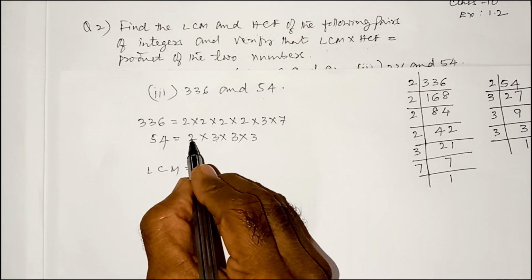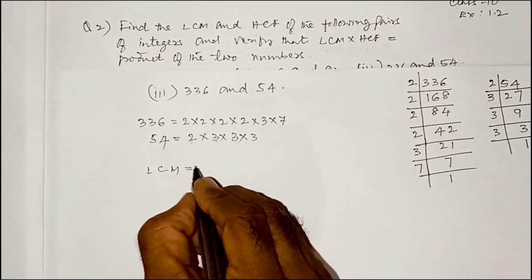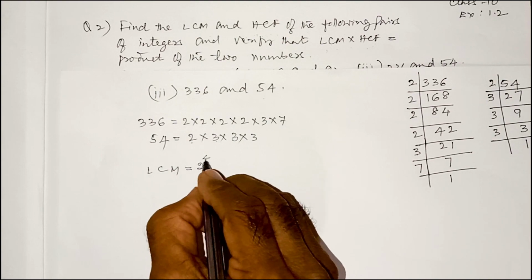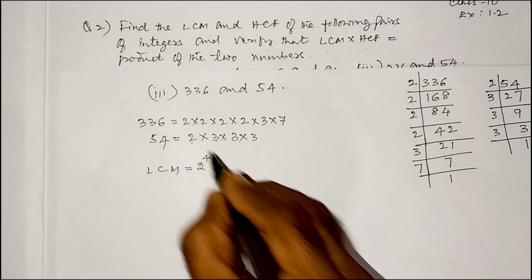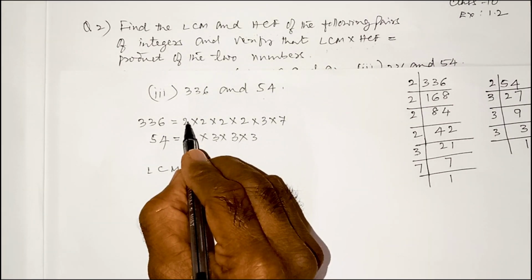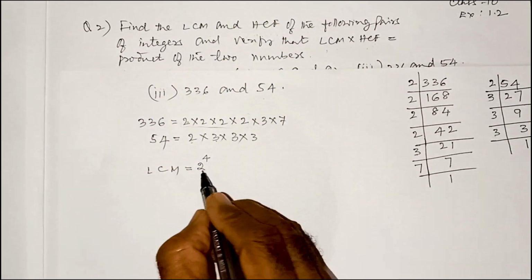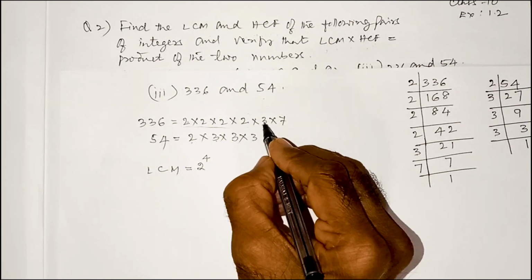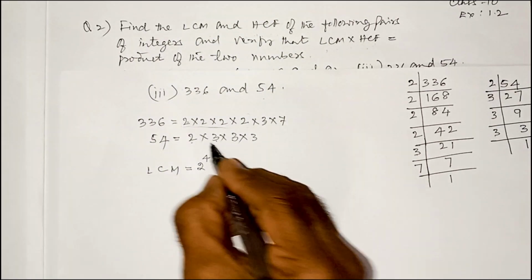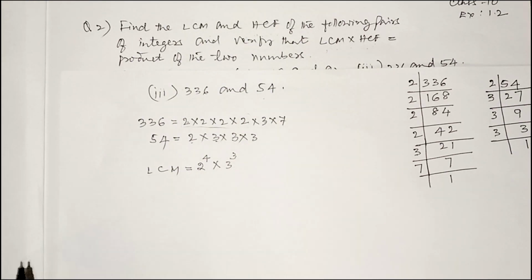You have 2 only once here, but here you have 4 times. So you need to take the higher number of these two. 2 is once here, but it is here 4 times. So you need to take 2 to the power 4. Second is 3. Here we have 3, but here we have 3 cube. So you need to take 3 cube.